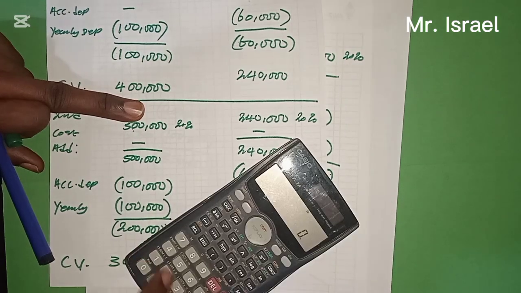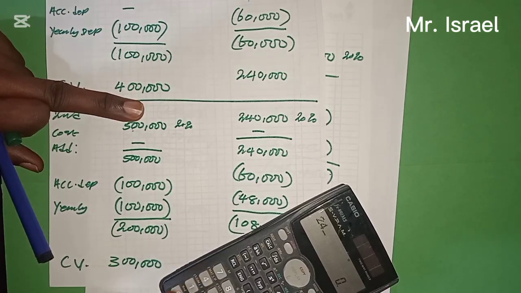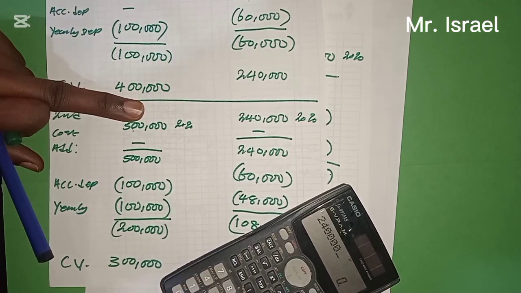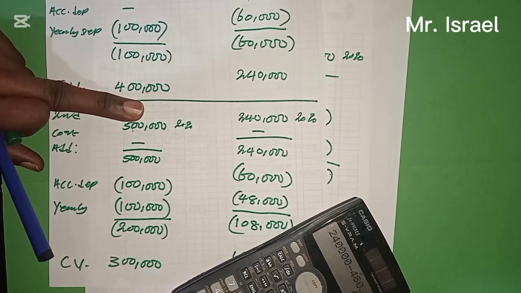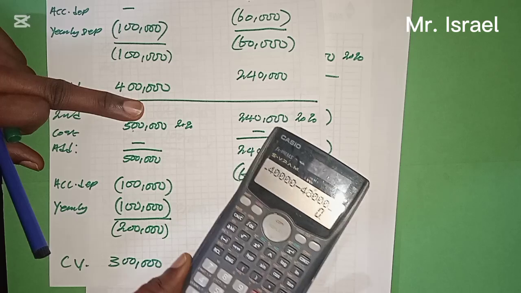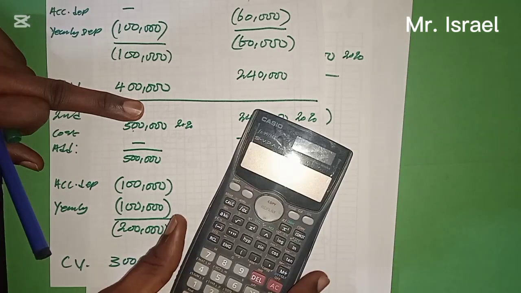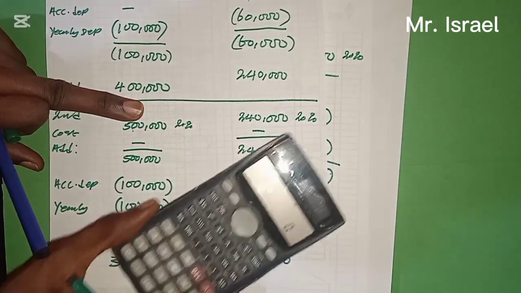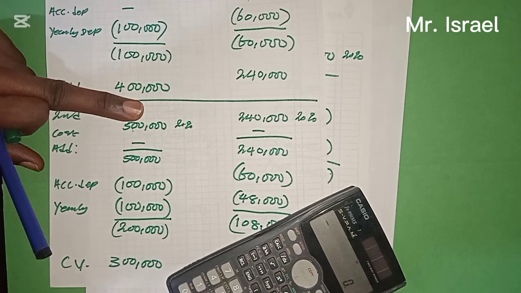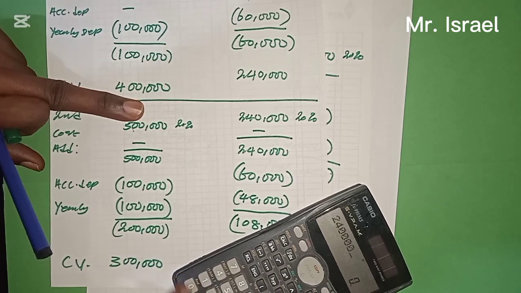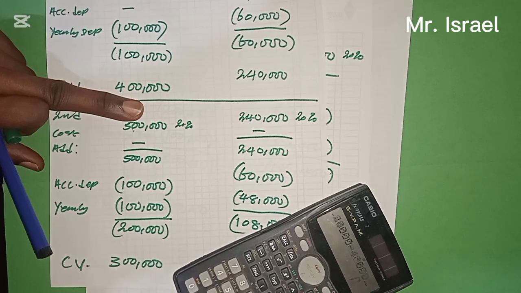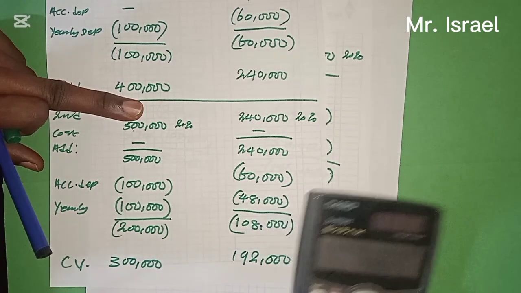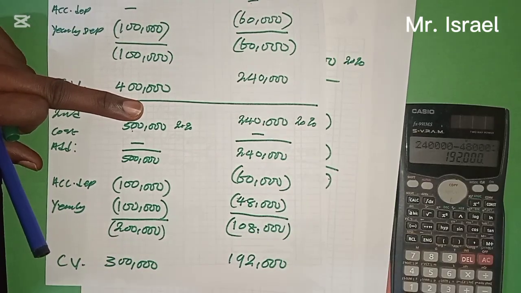Let's confirm it. 240,000 minus 48,000. Hope you're seeing it. Oh my god, my calculator is 240 minus 48, 192, which is this. Right?